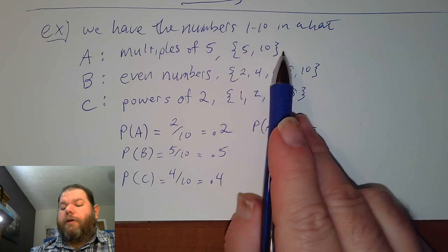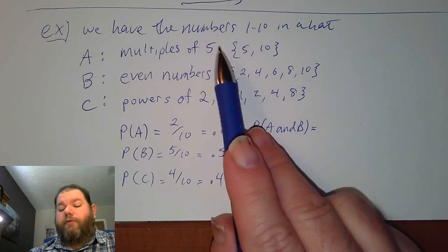What about A and B? How many numbers do those two events have in common?